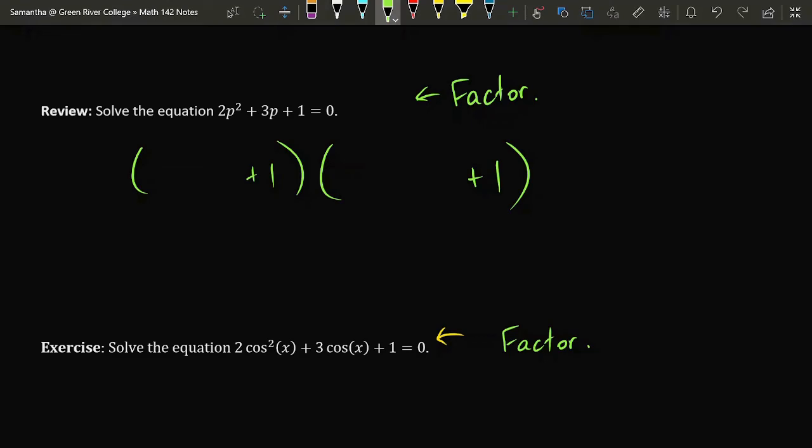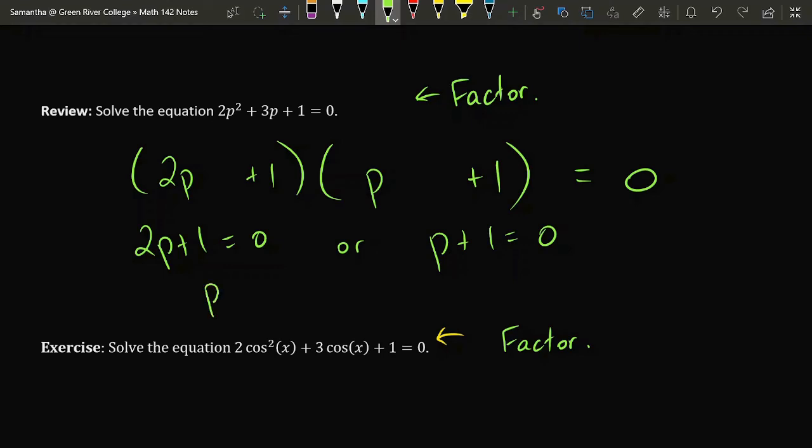The 2 can only be split as 2 and 1. So this is the factorized form of 2p squared plus 3p plus 1. And from this, I can use zero product property to say that either the 2p plus 1 is 0 or the p plus 1 is 0. So the p must be equal to -1/2 or -1.